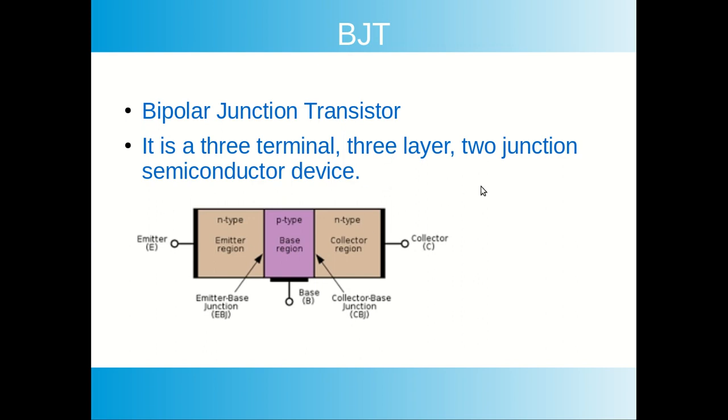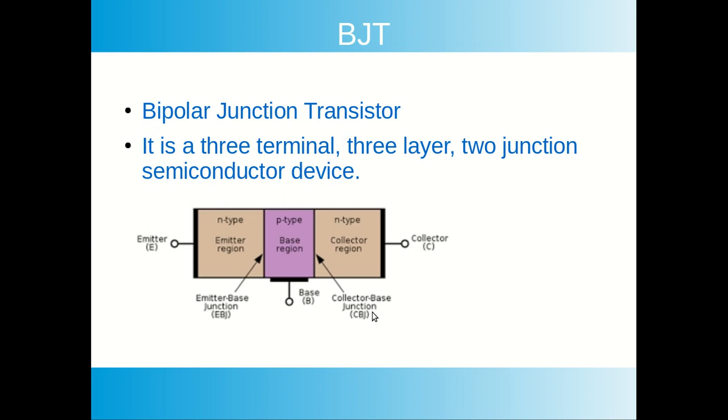And then there are 2 junctions, junction 1 and junction 2. P type here, N type here, one PN junction; P type here and N type here, another PN junction. So 2 junctions we have in this device. So 3 terminals: emitter, base, collector; 3 layers: N layer, P layer and again N layer; and 2 junctions. Junction 1 is known as the emitter base junction.